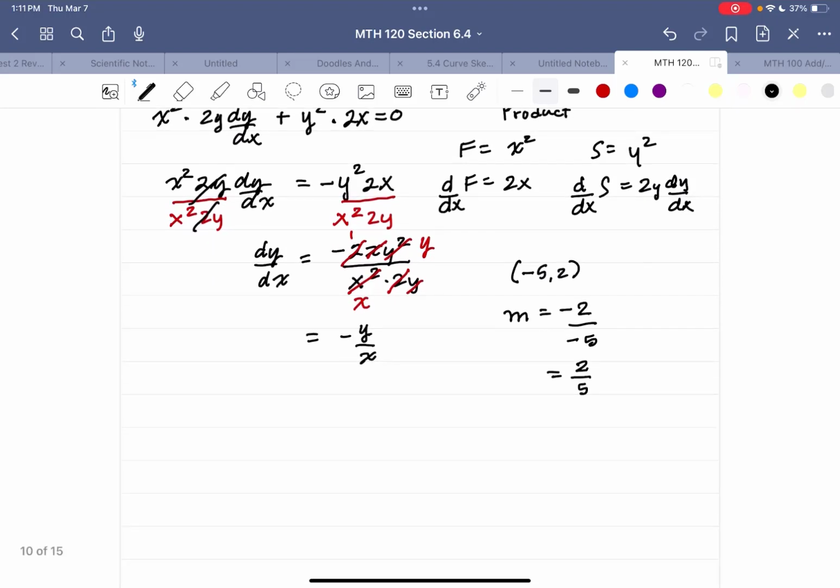And now all I have to do is write the equation of the line with the slope of 2/5 that goes through the point (-5, 2).